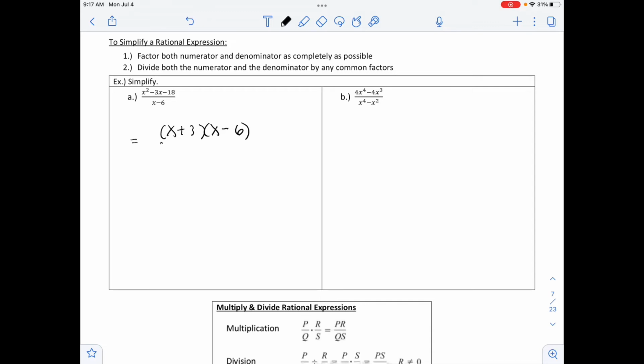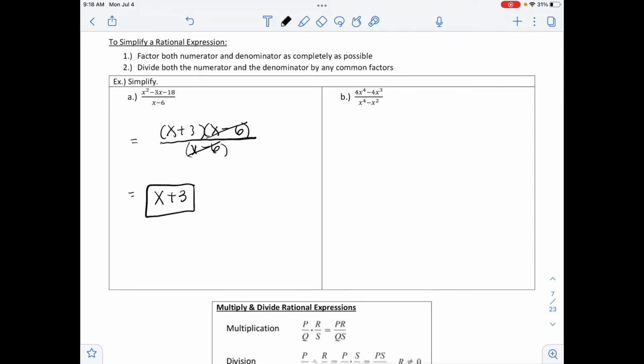So if you need to do that checking work on the side, go ahead and do it. If you notice, we have a common factor in our denominator and in our numerator. That common factor is x minus 6, and so x minus 6 over x minus 6 is just 1, or it simplifies out. We're left over with x plus 3.